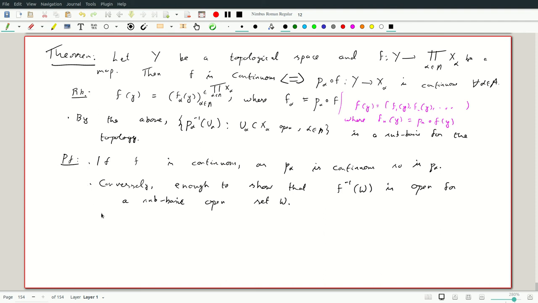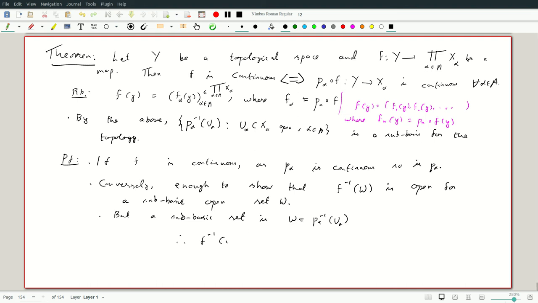This we had proved. But a sub-basic set for our favorite sub-basis as above is W equals P alpha inverse of U alpha.